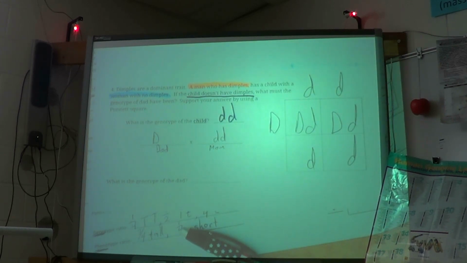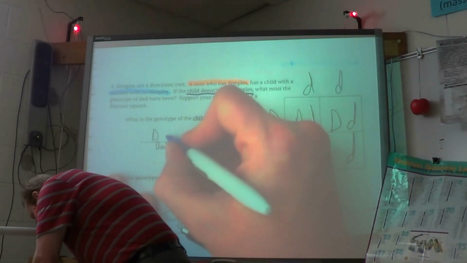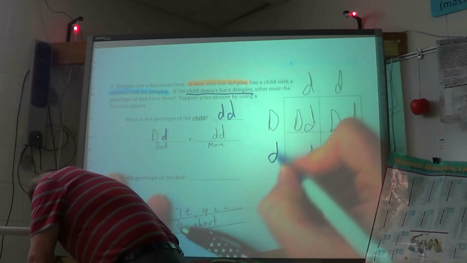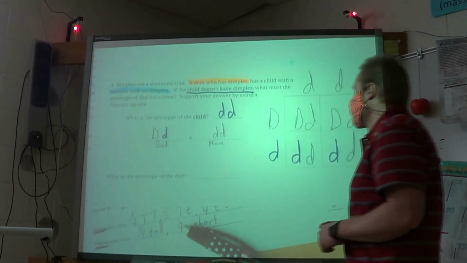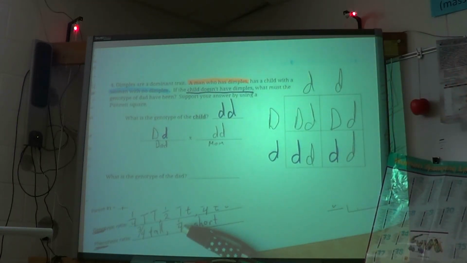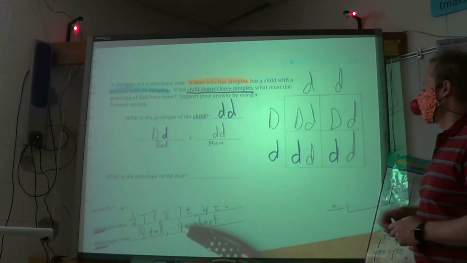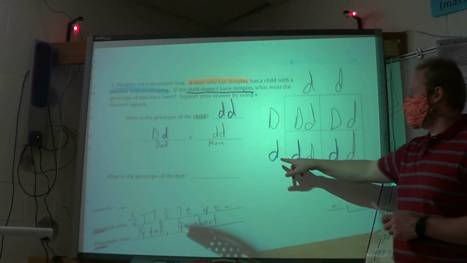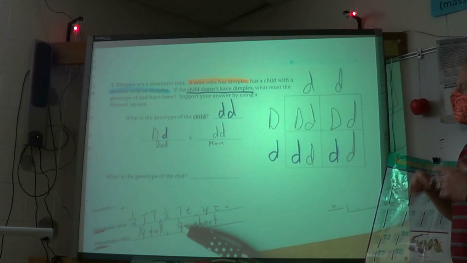It has to come from dad. Dad's second letter has to be a little d. He has to be heterozygous. You get two alleles, one from mom, one from dad. Mom only had little d's. In order for a child to have two little d's, one has to come from each.